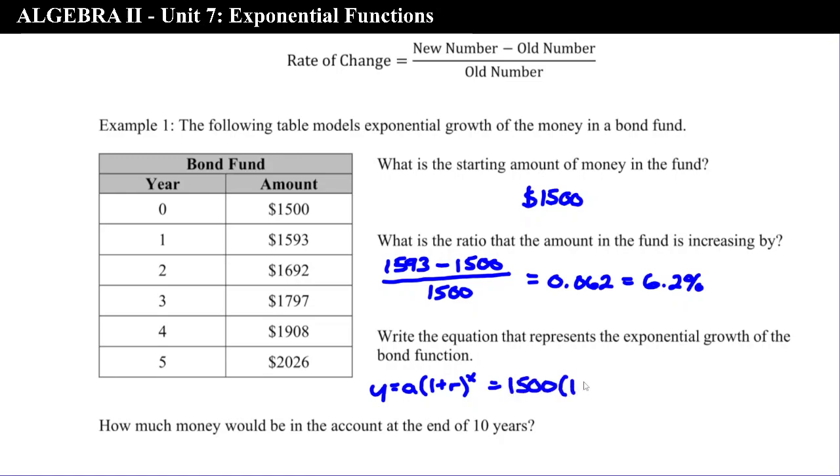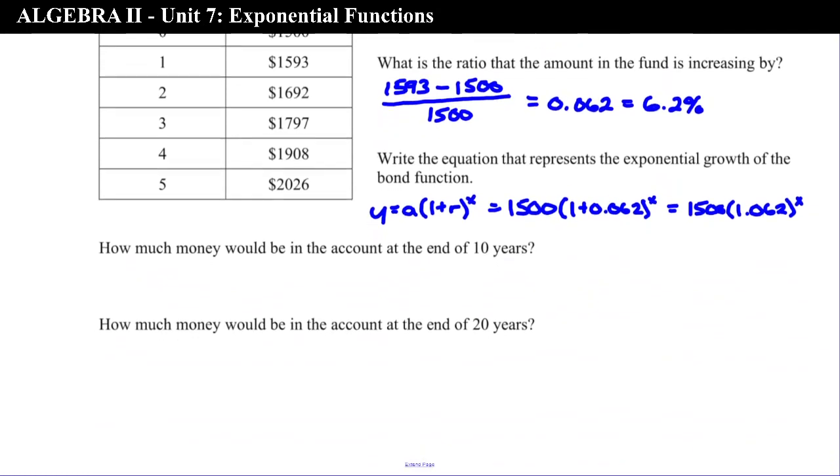Then we have 1 plus our rate of change, which is 0.062, to the x. We can simplify how this is written a little bit by adding what's in the parentheses, and that's simply 1.062 to the x.